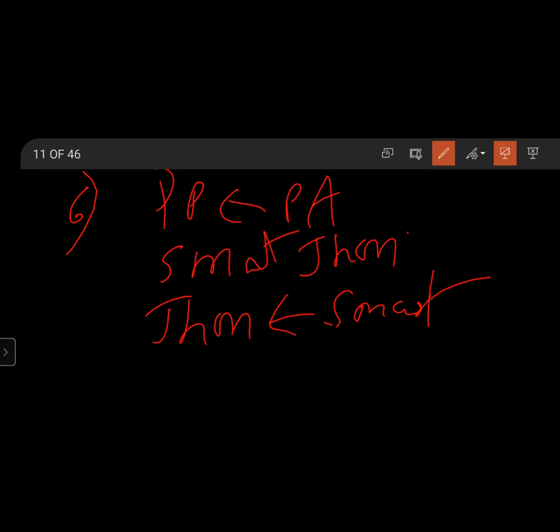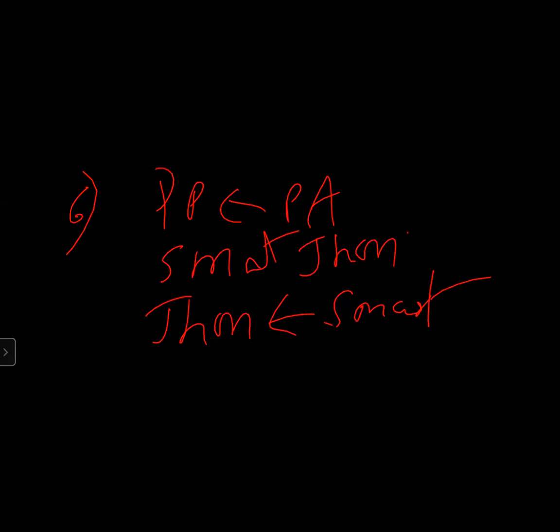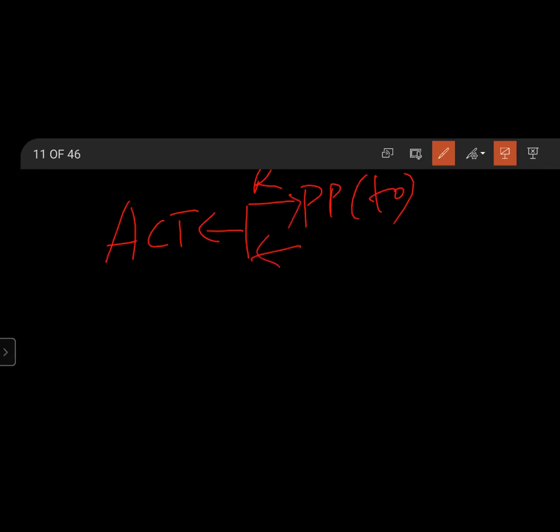And next, rule number 7. Act, or, PP2, and PP from. Here, rule number 7 describes the relationship between an act and the source and the recipient of the act.